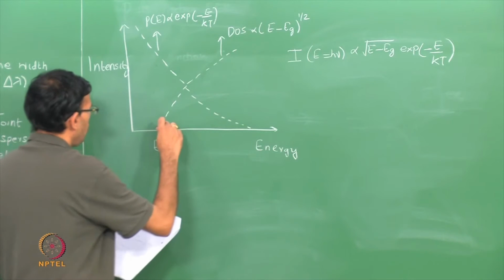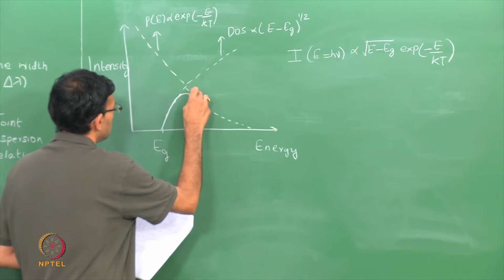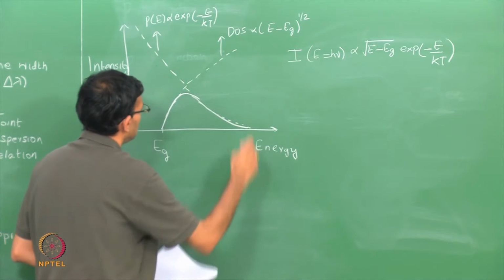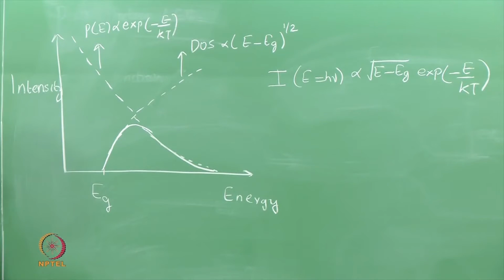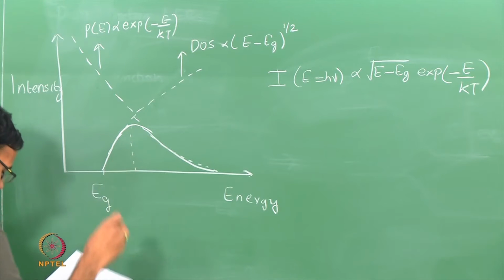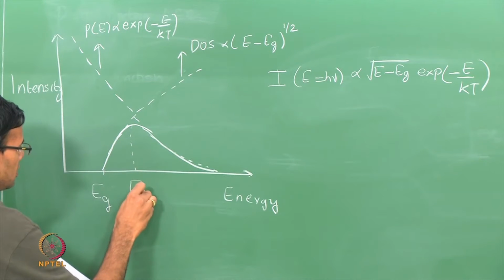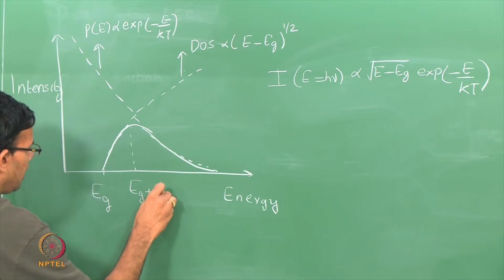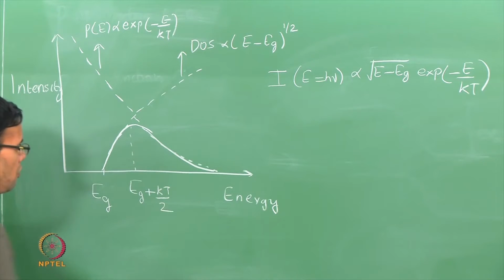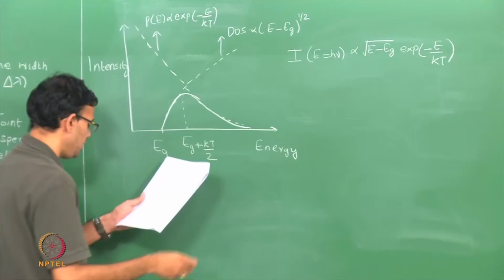So if I were to plot this, this will be the spectrum of the intensity. The peak usually lies kT over 2 above Eg, and then there is a line width.